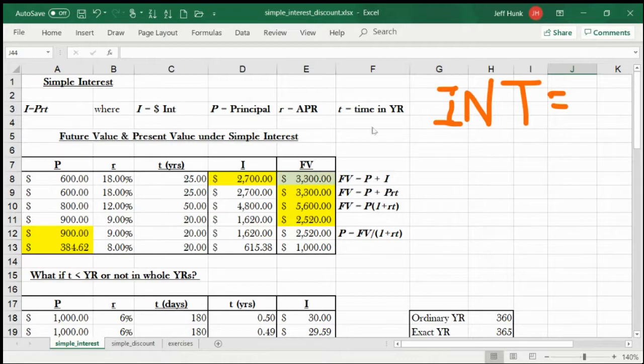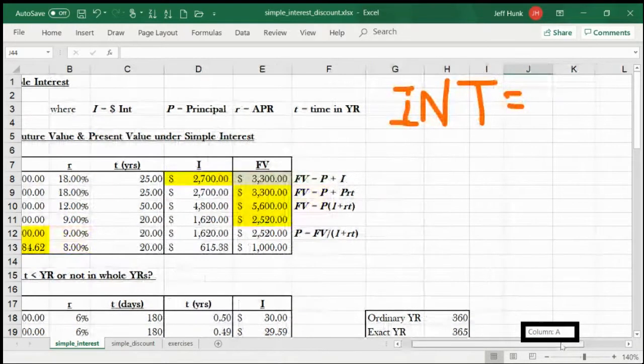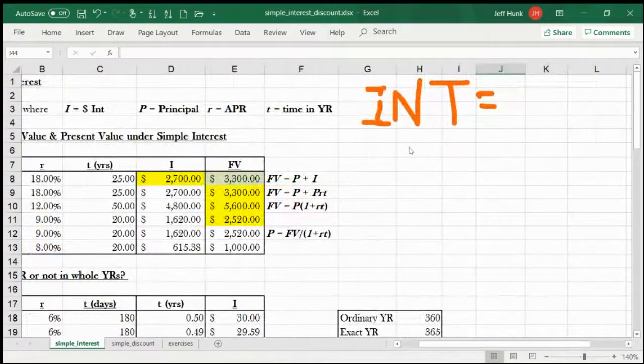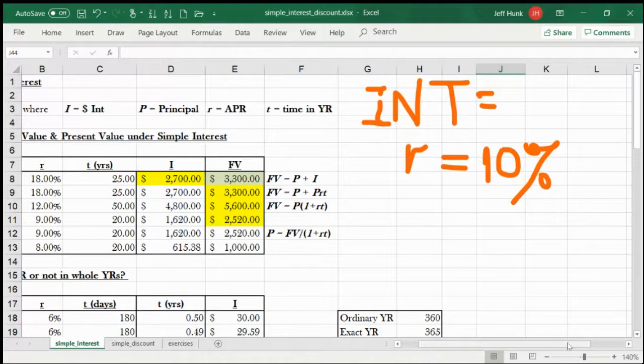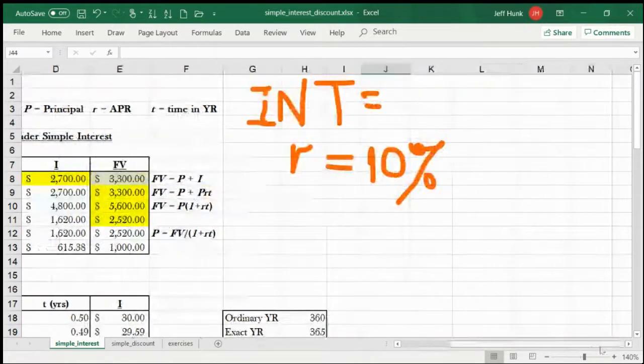So what does that mean? Since the interest rate is 10%, and I will use lowercase r as the symbol for interest rate, interest is simply what? Principal times r.